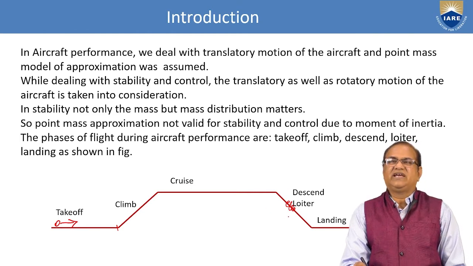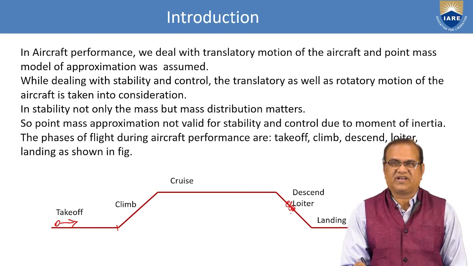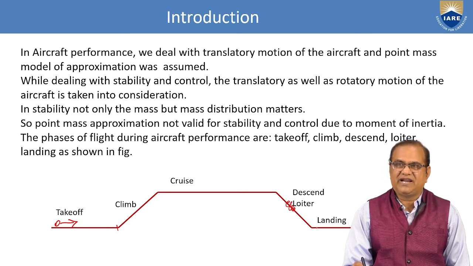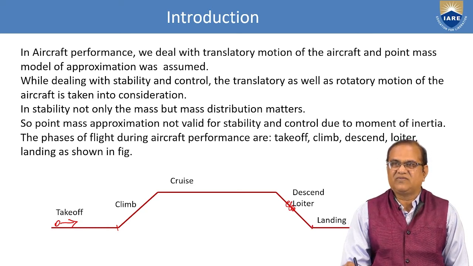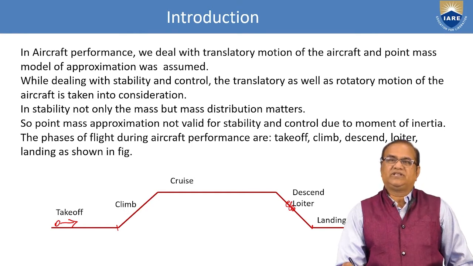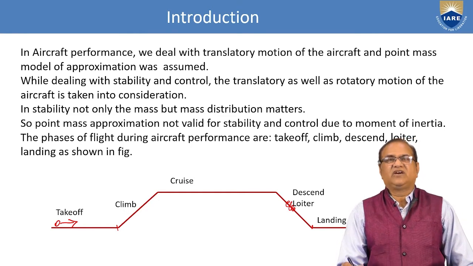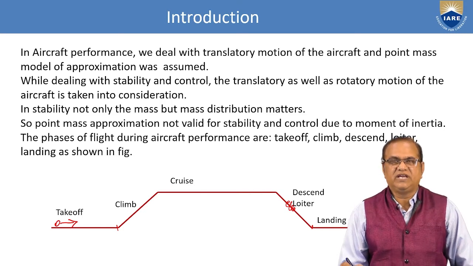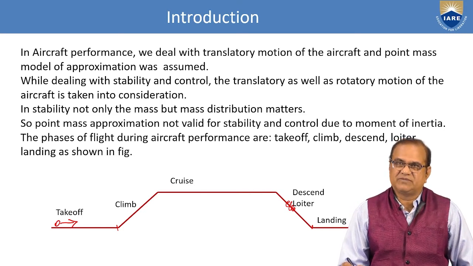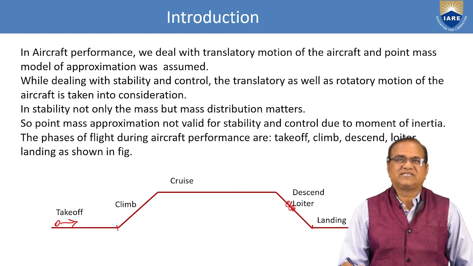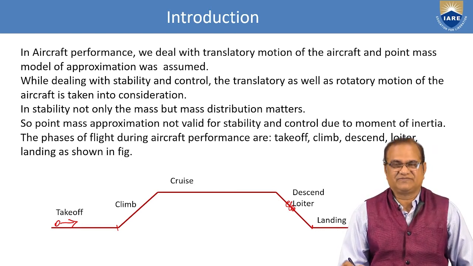As and when it gets permission from the air traffic controller, the aircraft will land on the runway and stop at the dispersal. These are the phases of flight which we have covered fully in our previous semester, in the course aircraft performance, also known as flight mechanics.